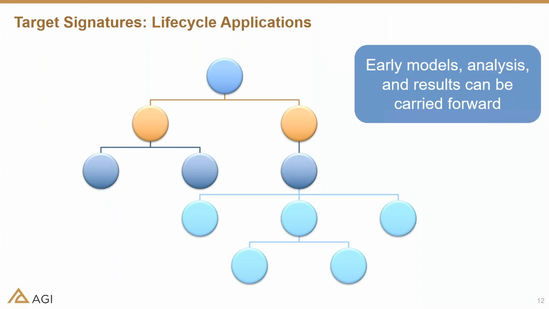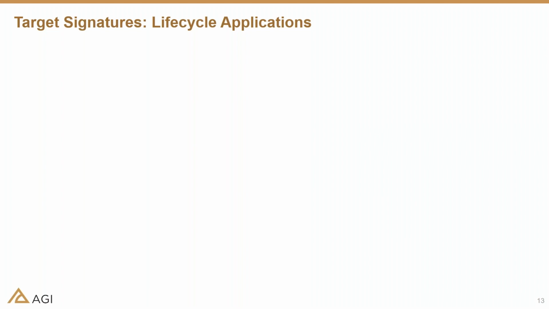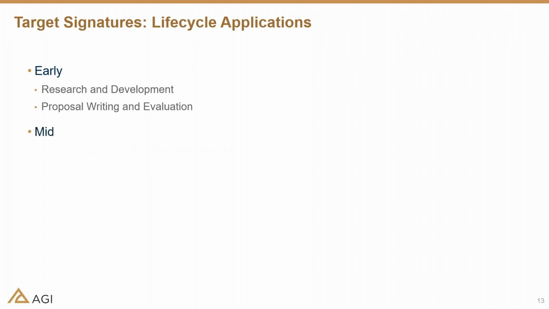The idea is that if you're using EOIR to do some of this early analysis, you can use the exact same analysis results that you generate for your white paper or proposal later on, during the middle or late phases of your life cycle. For example, if you use the target signature validation in generating the latest and greatest detection algorithm in your research and development, and you win a proposal off of that, all the analysis you've done carries over.